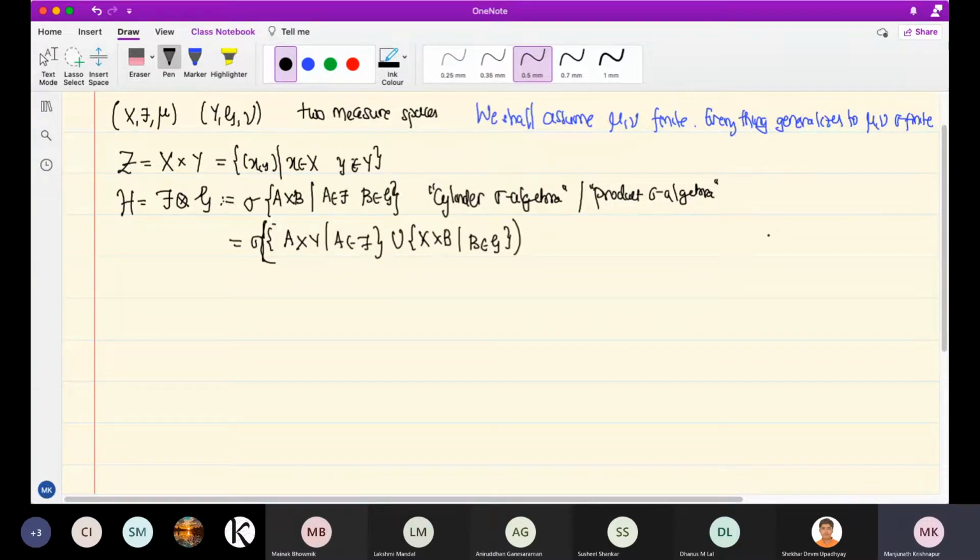If we draw X, let's imagine the picture I'm drawing is when X and Y are both copies of R. What is A cross B? A cross B would look like a rectangle.